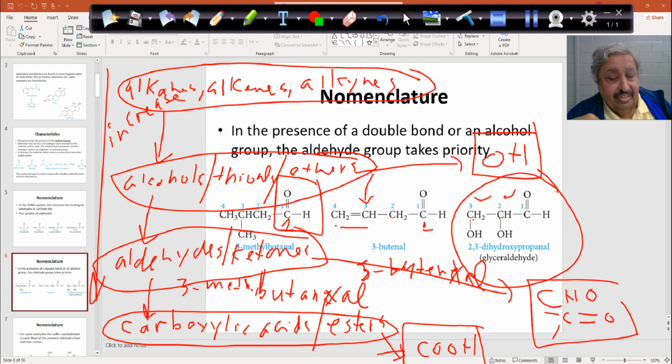If I have an aldehyde or ketone along with a carboxylic acid or ester, then this structure will be named as a carboxylic acid or ester, and the aldehyde or ketone will be an aldo or keto group. Are you following me here? So watch out for this. This is carboxylic acid, and the ester is just the same thing, with OR here.